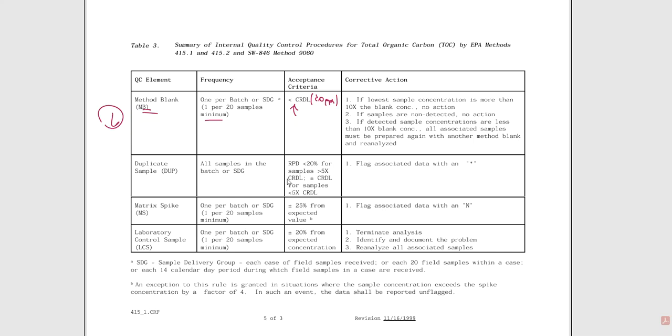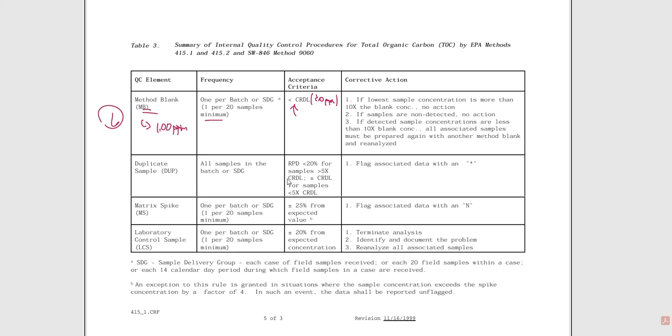All right, so let's say that we run a method blank, and our blank is going to be running at 1 ppm here. Okay, not a big deal. That's the number that we get from it. Maybe it's not super clean water, so it's 1 ppm. So these directions over here state that, look, that's less than the contract detection limit of 2. Okay, so it's okay there.